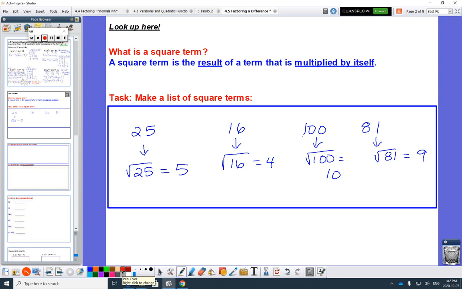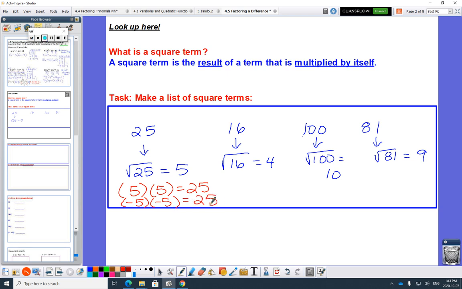If I write this down, square root of 25 is 5. Is that a complete, perfectly correct answer? No. 5 times 5 is 25. What about negative 5 times negative 5? What do you get?